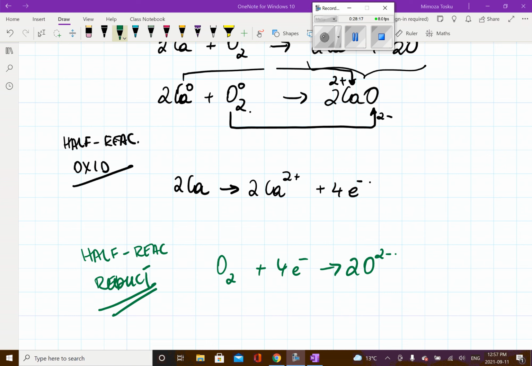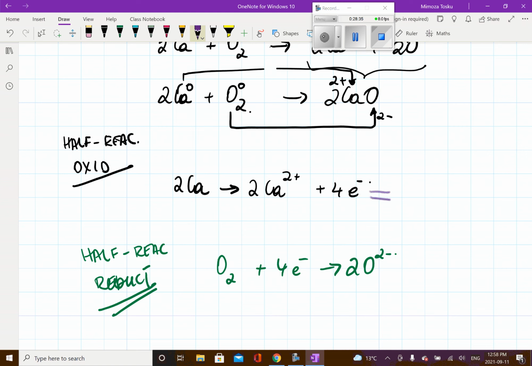So now you can say that in formation of calcium oxide, calcium is oxidized, and in other words, since calcium is oxidized, we call it a reducing agent.